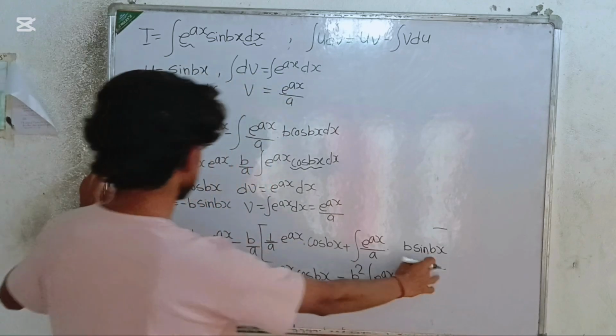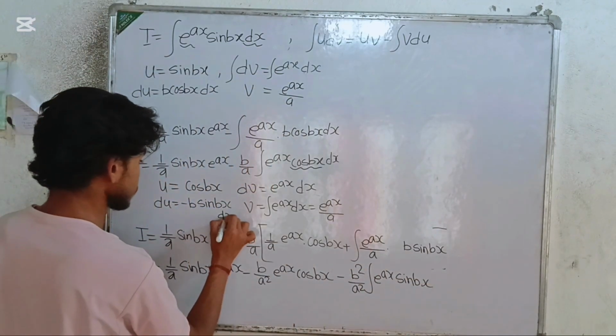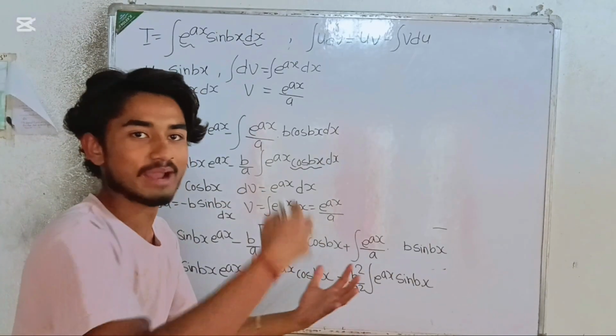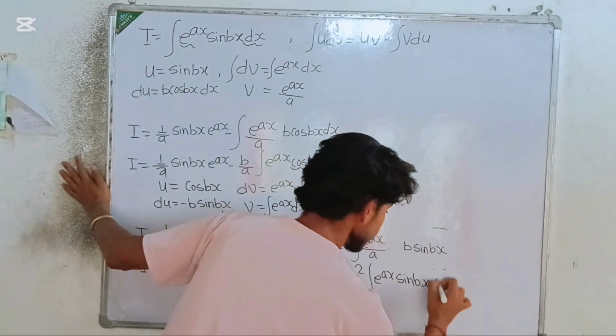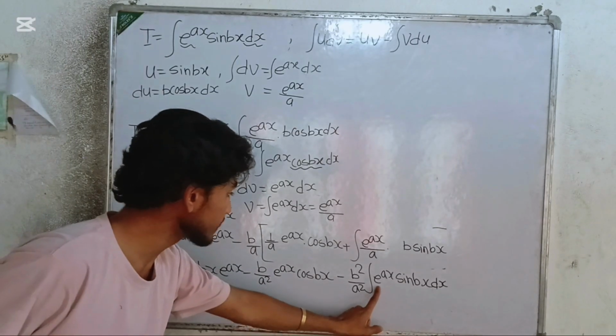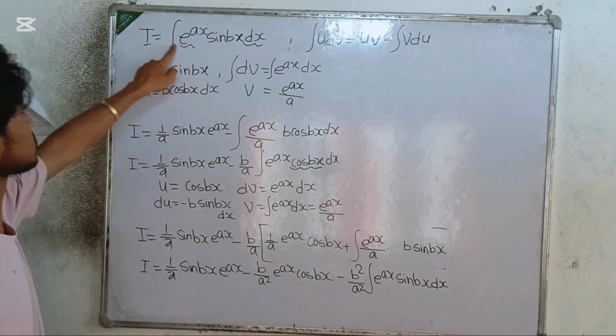Sorry, I forgot: we have sine bx and here we have dx. The best part of doing math is identifying where you made mistakes. You can see this term, e to the ax sine bx dx, is just our I.